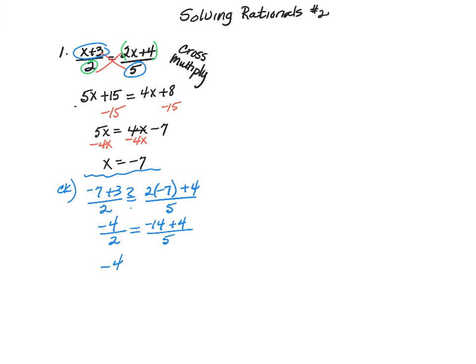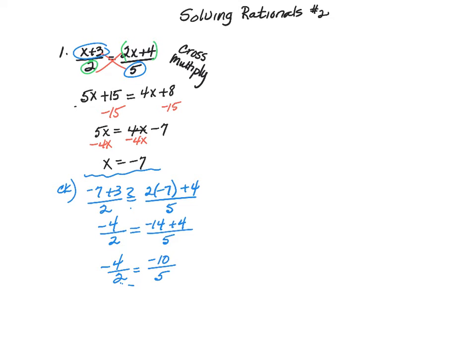Is it true that negative 4 over 2 will be equal to negative 14 plus 4, which is a negative 10, and on the bottom we have a 5? So at first glance, it doesn't look like negative 4 over 2 is equal to negative 10 over 5, because what are you going to multiply 2 by to get this?